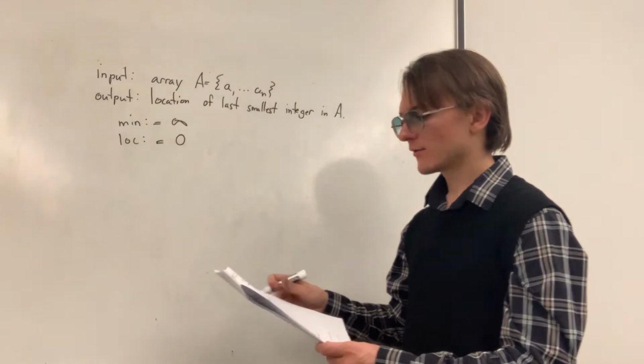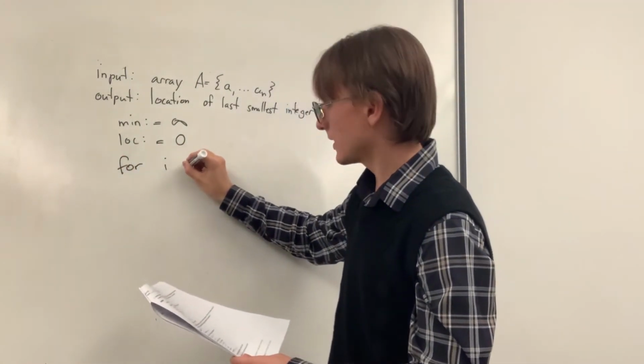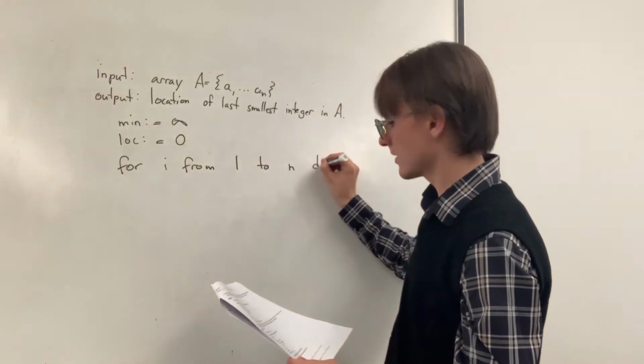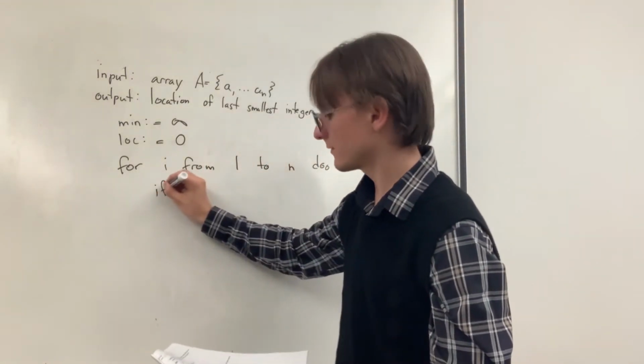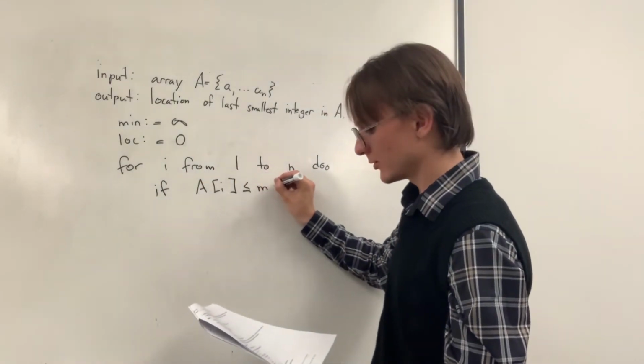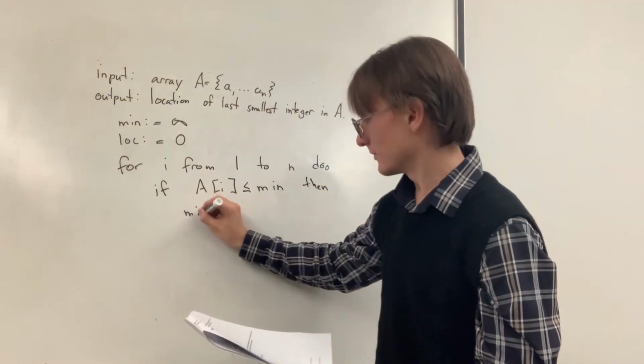So from there, we make a for loop. I is going to iterate from 1 to n. And we do the following. If A of I is less than or equal to the current minimum value, then we update min.